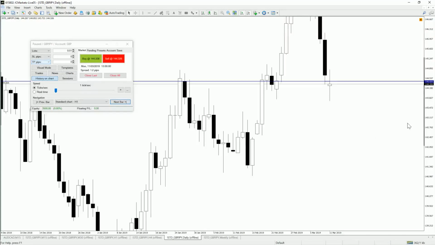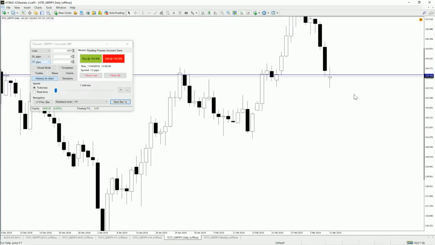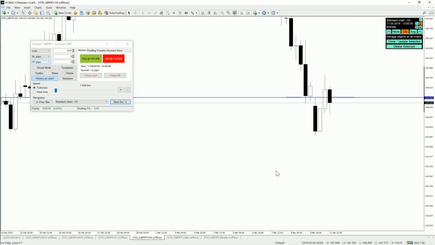So looking at the daily candle, it came up above this area and came back down below. So nothing really happening here. The daily candle is a small bullish candle. So we're going to go towards the 4-hour time frame. Now looking at the 4-hour, what we see is that we had support right here.